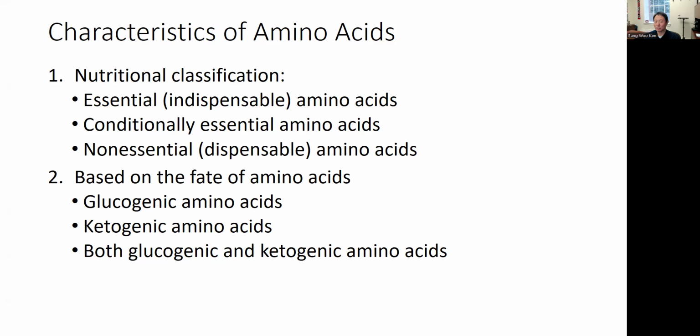That means some amino acids are nutritionally essential, and we need to include those in the food or feed. Without eating or obtaining those amino acids, the animals or humans will not be able to make a protein.